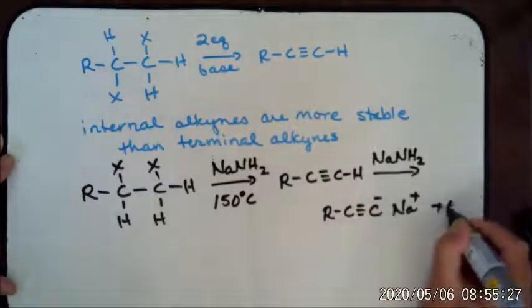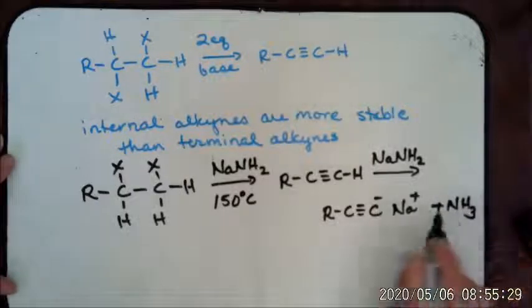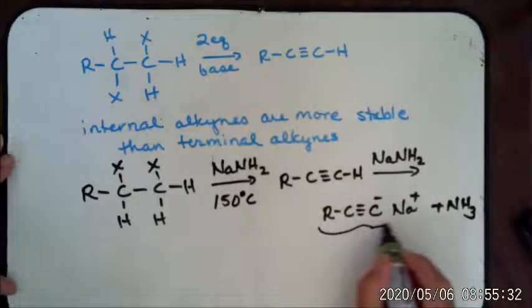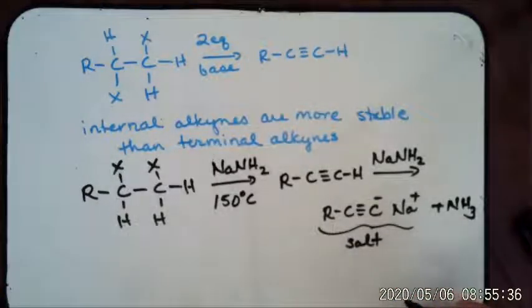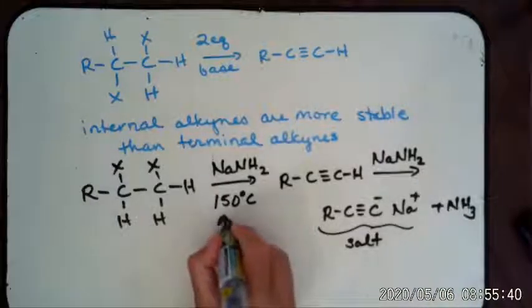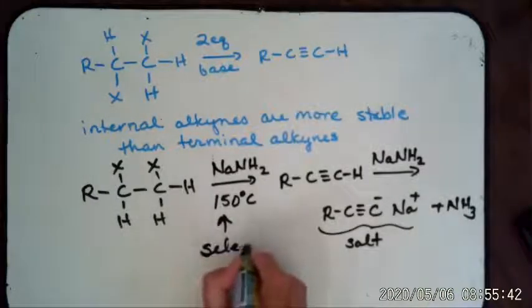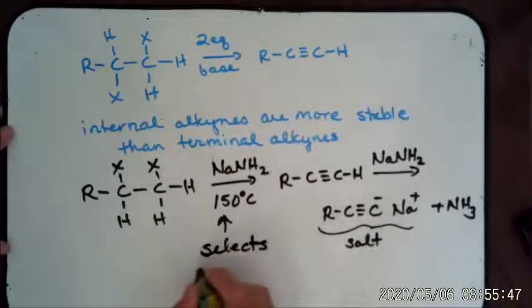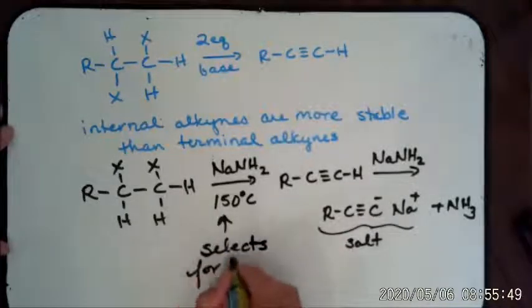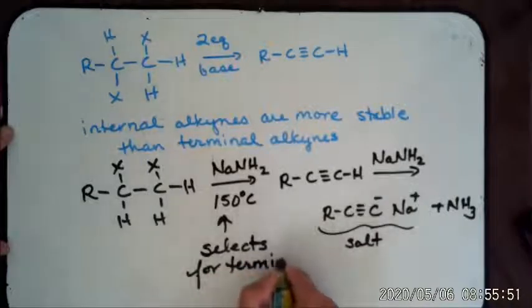Okay? And once you form your salt, it can't go back. So once you form your salt, this can precipitate out in your solution. So the way you select for terminal alkynes is use sodium iodide for terminal alkynes.